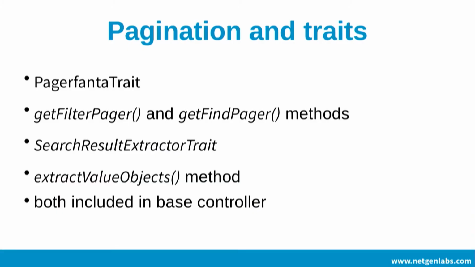Again, you have something to show with pagination. So for example, when you're doing the search with the search service, what you would do, you would first instantiate an instance of Pagerfanta, right? Then you would pass the instance of the adapter that can go through the eZ value objects.